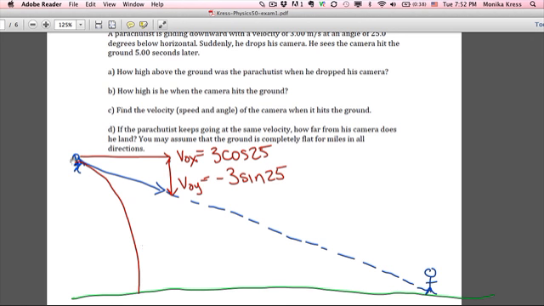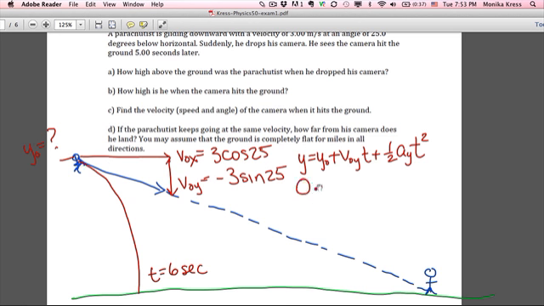Okay, so here we would like to find what that height is. We know that it takes 6 seconds for the camera to hit the ground. And so what we're going to do is use this equation, y equals y naught plus v naught y t plus 1/2 a y t squared. This is for the camera. So the guy and the camera start at the same height. The thing lands on the ground, so that's at a height 0.